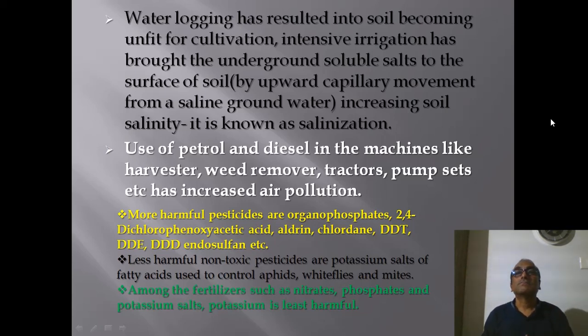And how it happens, as I have told you, is that the salts which are soluble in water rise by the capillary rise method and come into the surface soil, the topsoil, which becomes more saline, what is called salinization, and that is not good for agricultural activity.